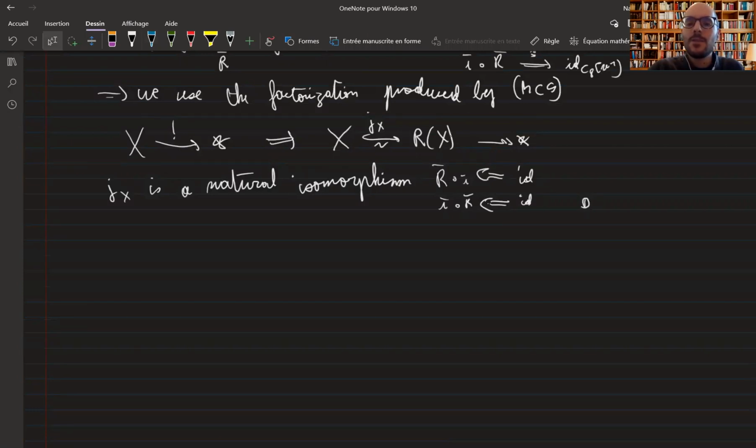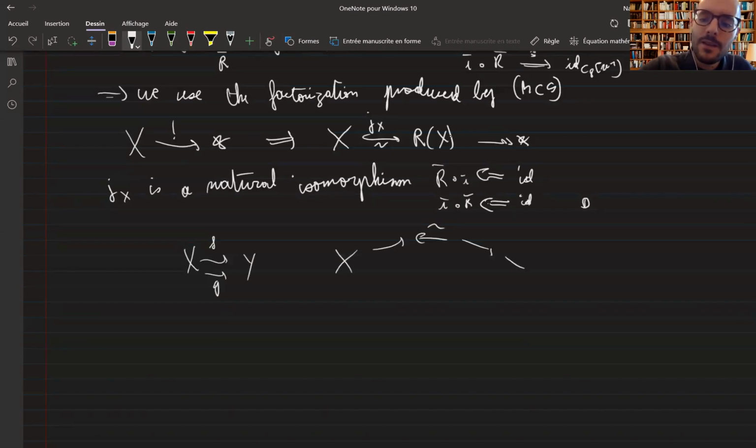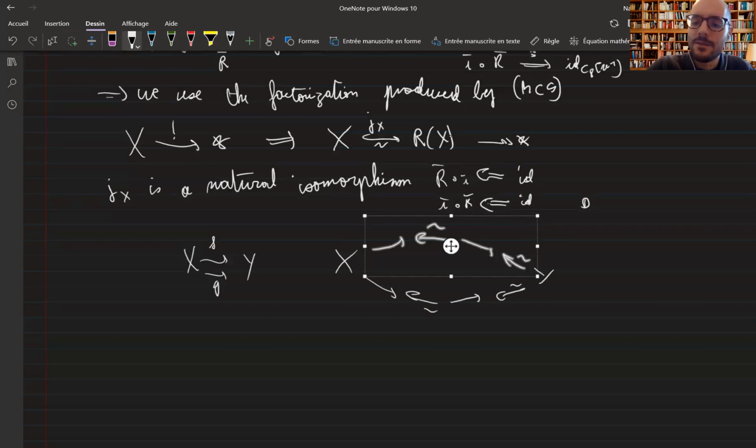In topological spaces, in order to say that two maps are homotopic, if you have two maps like this, you could check that there exists some very complicated diagram like this, where this composite is in the same class as F and this composite is in the same class as G. This would be awful.